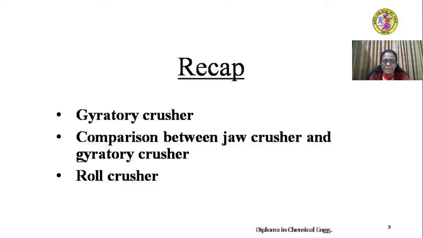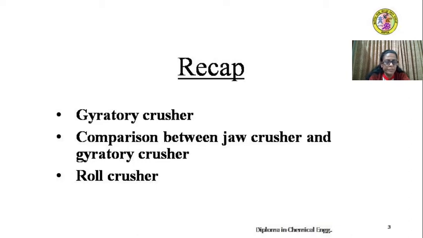Then the grinders are the intermediate size reduction equipments, means they are used for an intermediate duty, coming in between the crushing equipments and the ultrafine grinders in the order of categorization of various size reduction equipments.